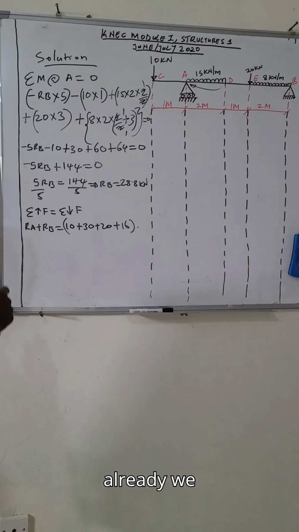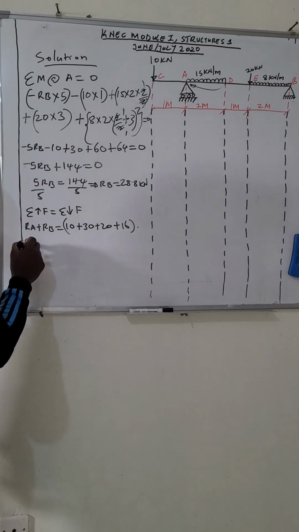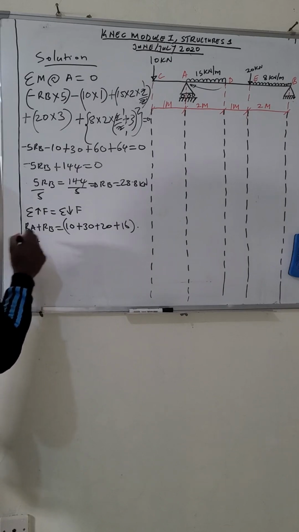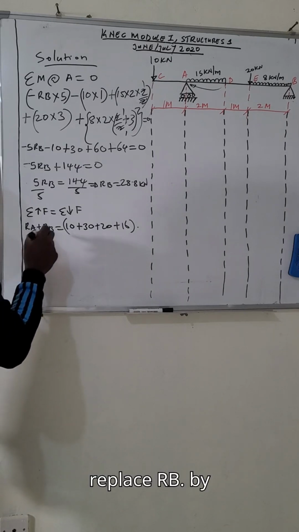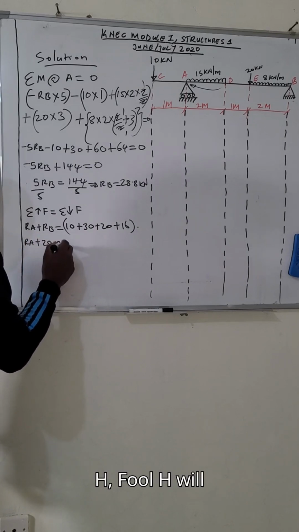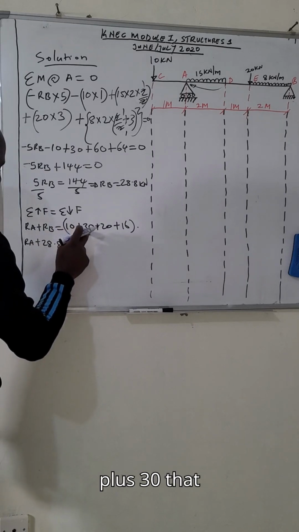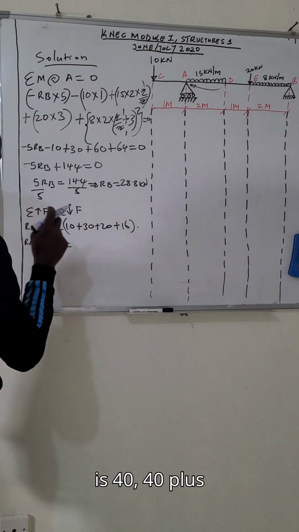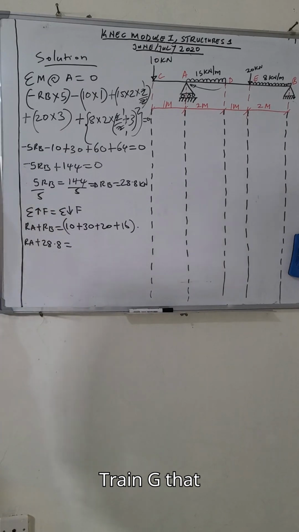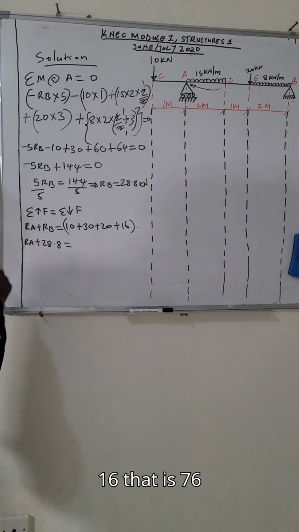So already we have RB, so you can comfortably replace RB by its value. So that is 28.8 should give you 10 plus 30, that is 40. 40 plus 20, that is 60. 60 plus 16, that is 76.